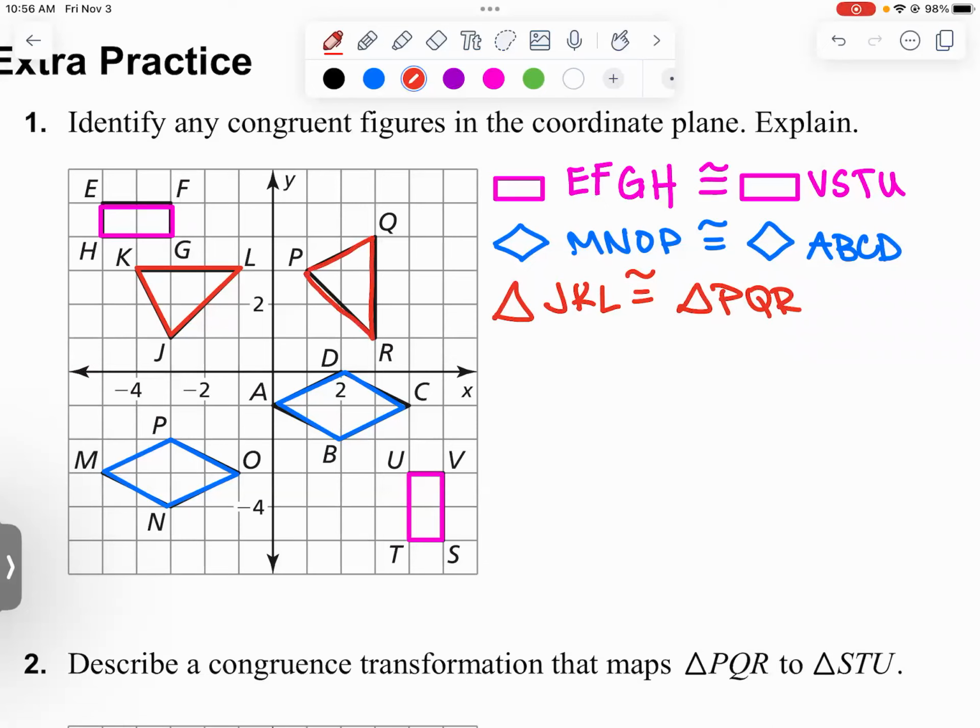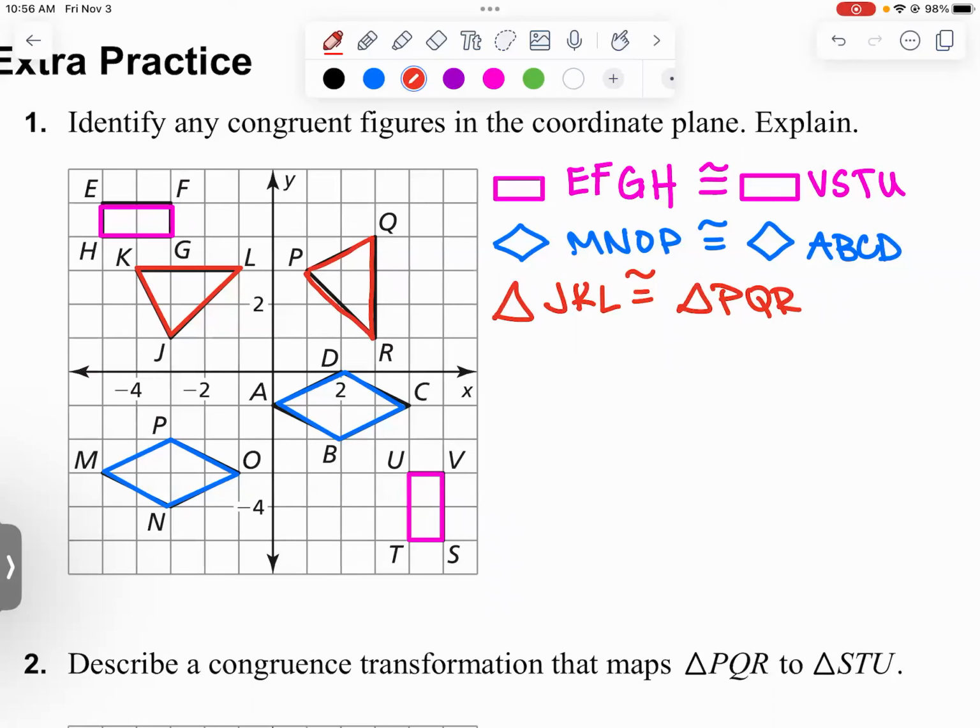Okay, so how about you tell me, how do we get EFGH to VSTU? What kind of transformation? It's definitely a rotation, isn't it? It's oriented sideways, right? Then how about the rhombi? How do we get from this rhombus to this rhombus? Translation. That would be a translation.